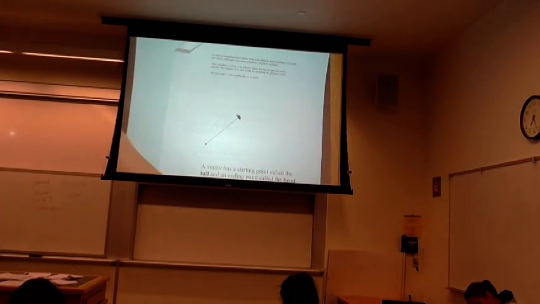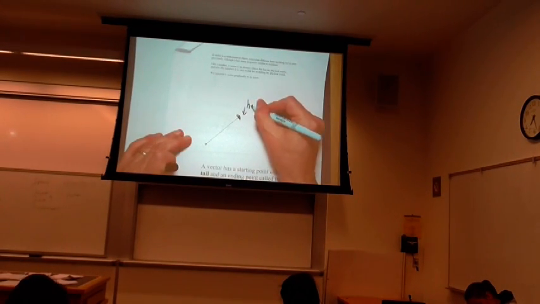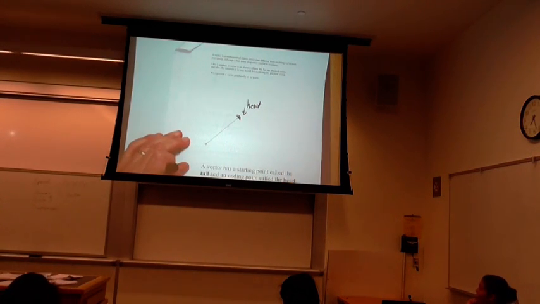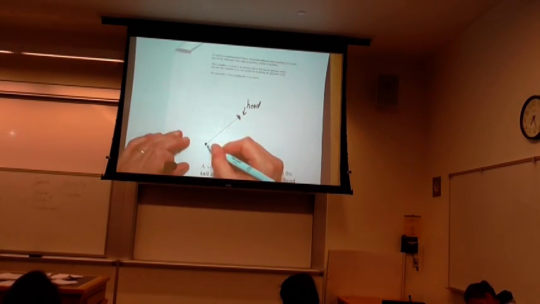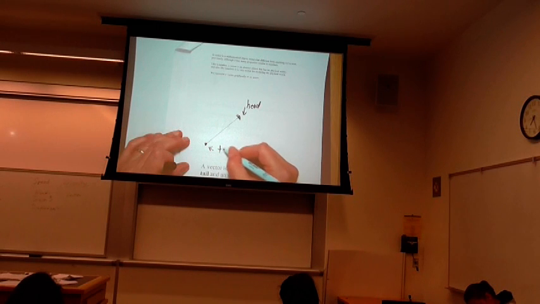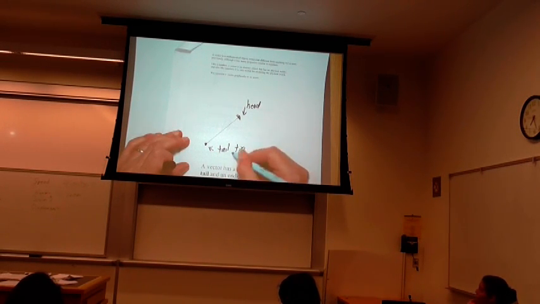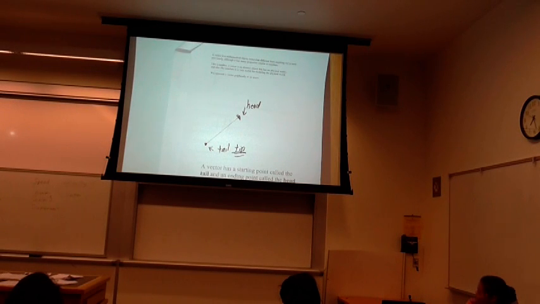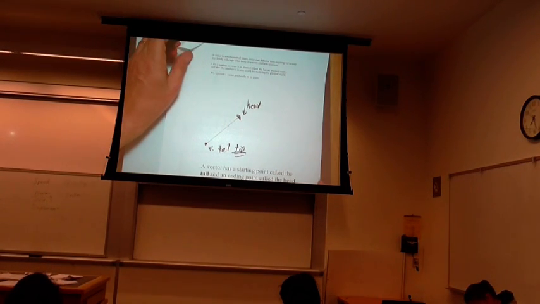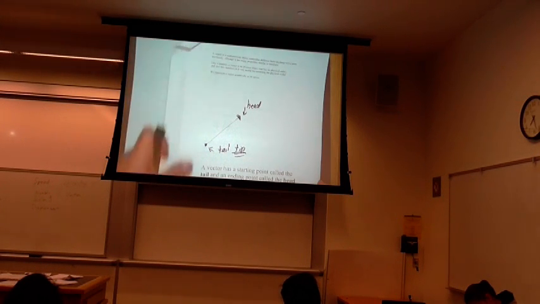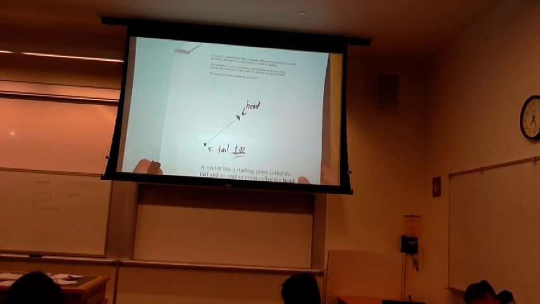The front we call the head, and the starting point we will call the tail, or the book uses the word tip, which I've never seen before, but I guess that would be one term. So you can think of it also as like a directed line segment.